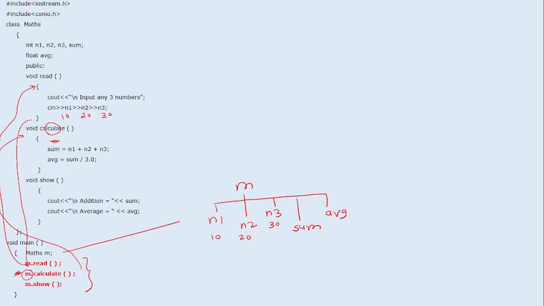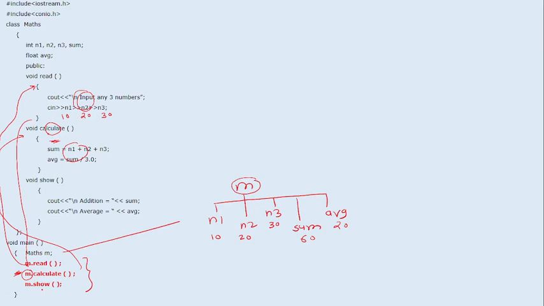So n1, n2 and n3 will be considered automatically from m, because we are calling calculate with respect to m. It will calculate sum and average. All these member variables it will consider from the calling object, which is m. So every time it considers member variables from m.